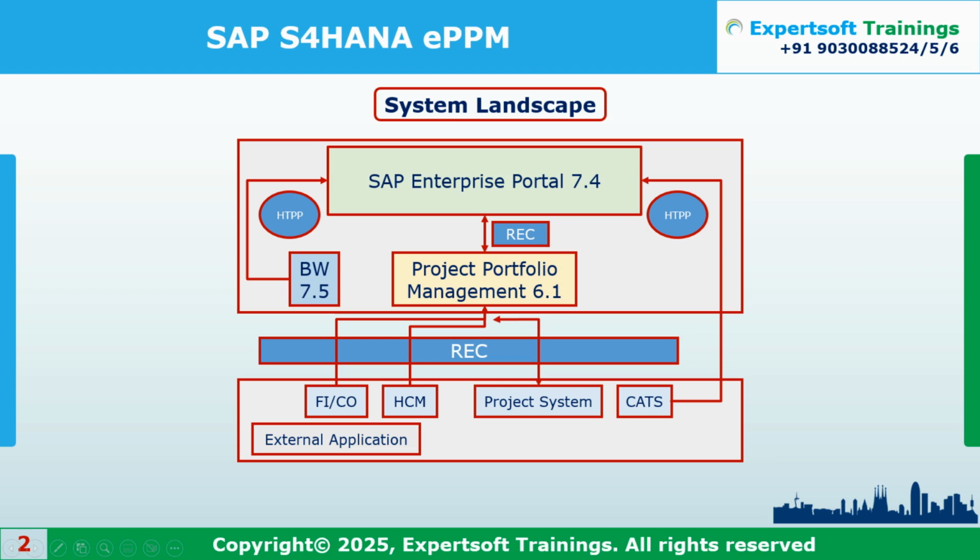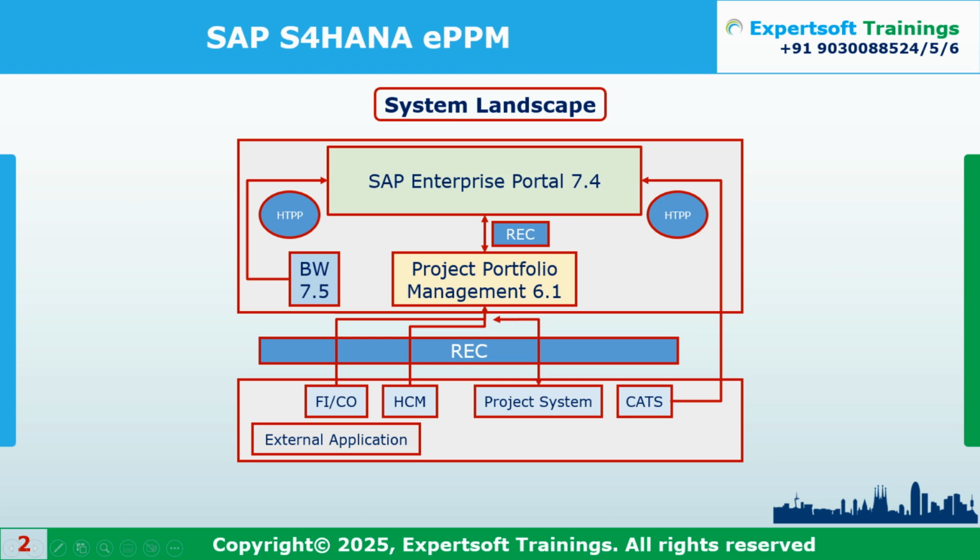Now, what is the system landscape? If you are implementing ePPM, earlier in ECC we had to install individual modules like PPM, CPM, PS on a particular server, maybe a different server, and then link them with RFC connections.